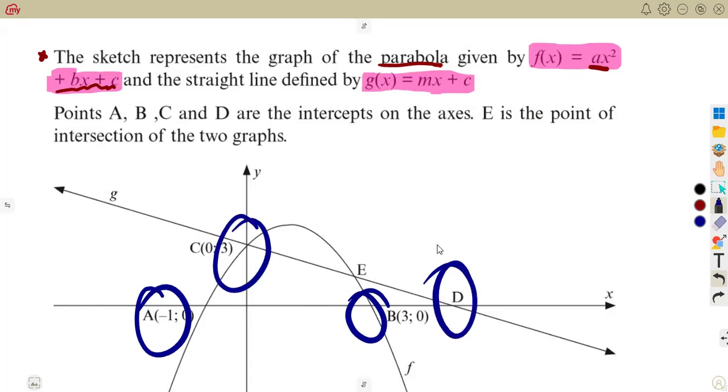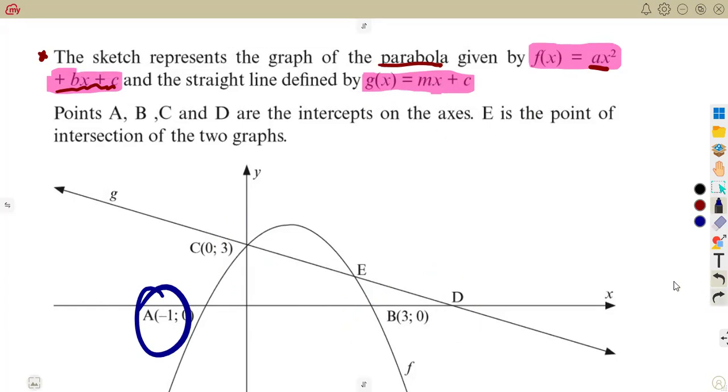These are the intercepts on the axis, where A and B are the x-intercepts of the parabola, or the quadratic. D is the x-intercept of the linear function g of x. And this C is for both, as we can see, it is found on both functions.